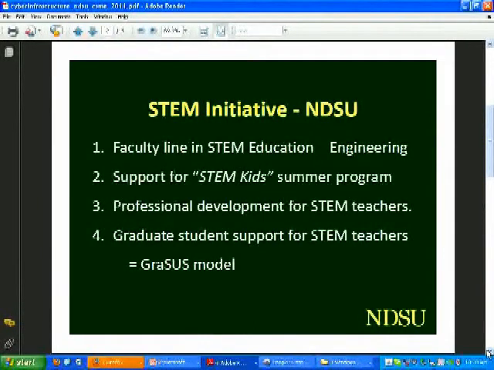GRASSES was initiated as a National Science Foundation GK-12 program where STEM students, undergraduate and graduate, were brought into the K-12 classrooms to work with teachers and students to develop relevant modules that could be applied in engineering, mathematics, and science in those classrooms.